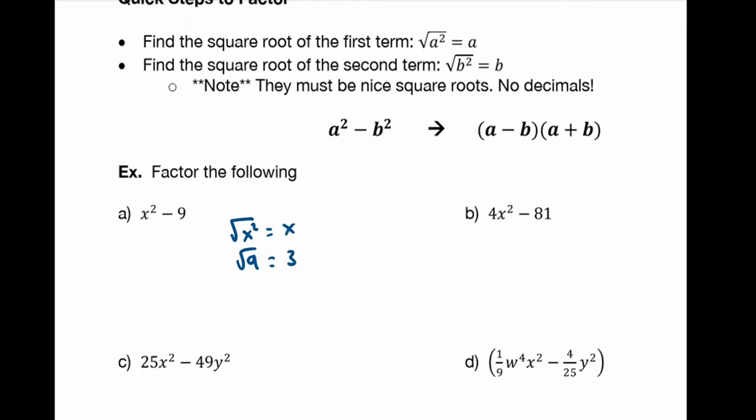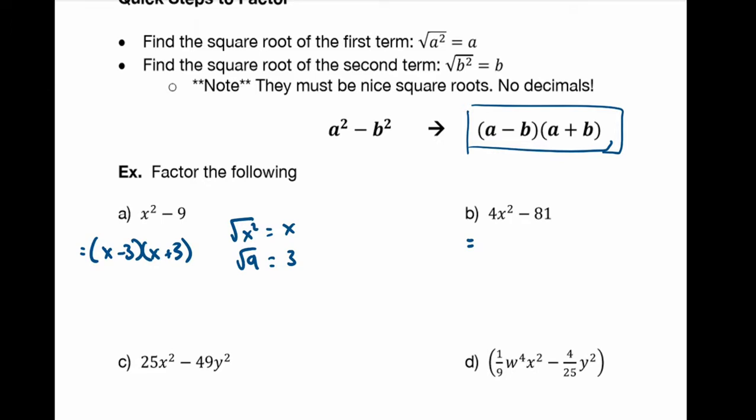That means it's going to go into my two brackets: x minus 3 and x plus 3. Once we find those two numbers, we just have to fill it into that general pattern that we can see up here: a difference of squares is the two numbers, and one will be a minus b and one will be a plus b.